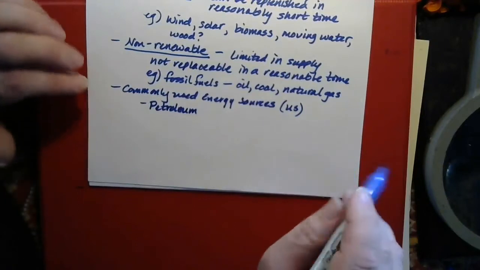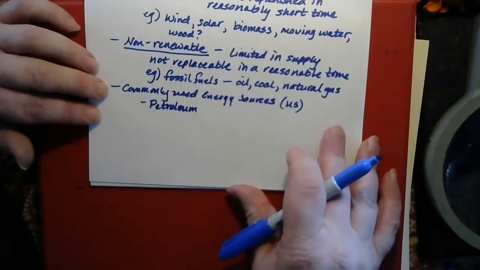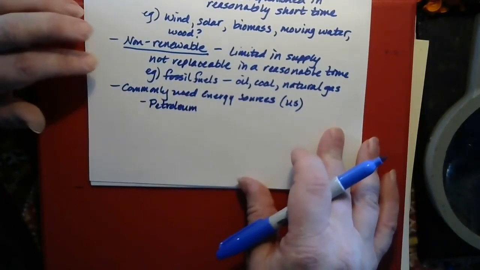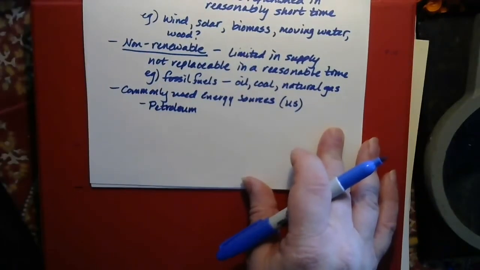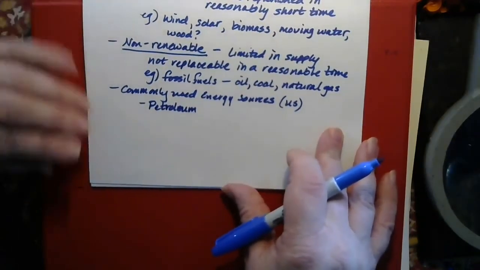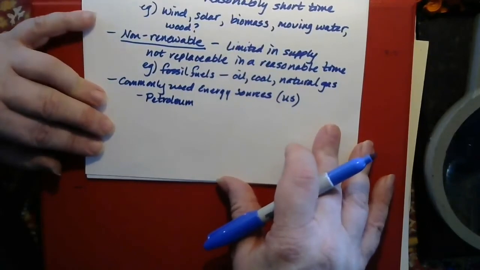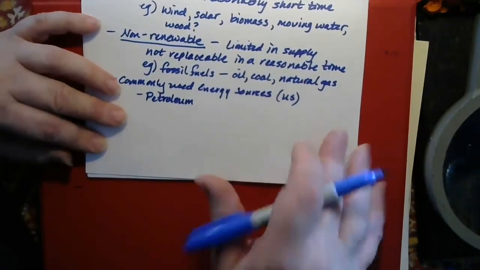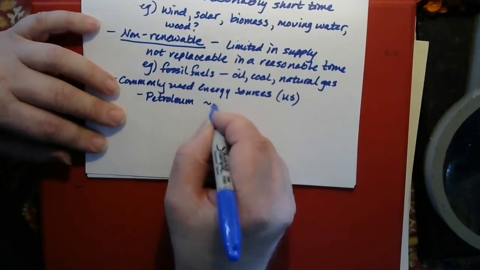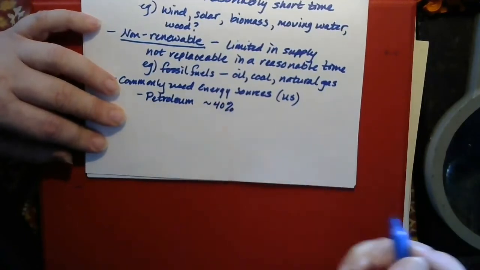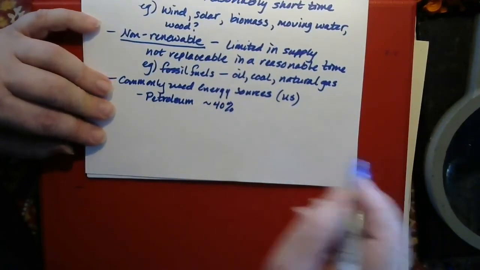And these are fuels for basically everything. This would include power plants and factories and cars and trucks and ships and basically any kind of energy need. So petroleum products supply about 40% of our total energy needs.